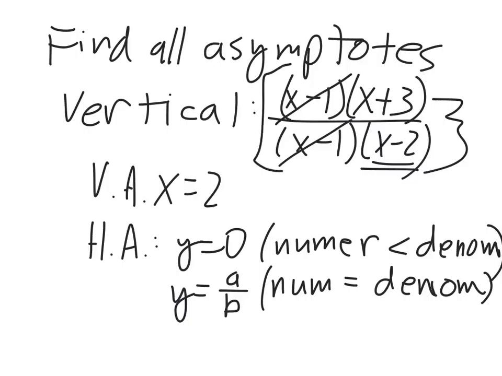In the case we looked at here, it would just be 1 over 1. Multiply it out and we'd have an x squared in the top and x squared in the bottom. So y equals 1 would be the horizontal asymptote.